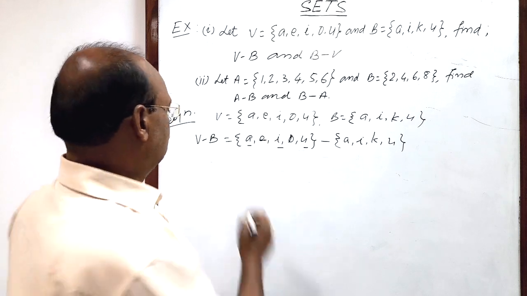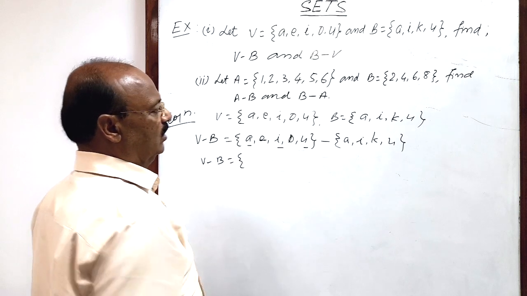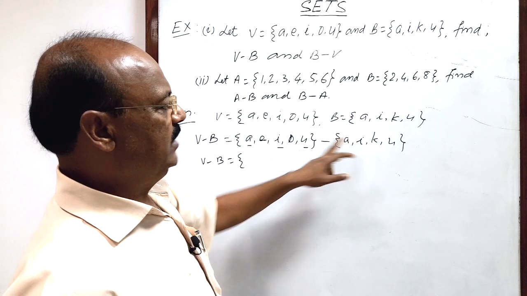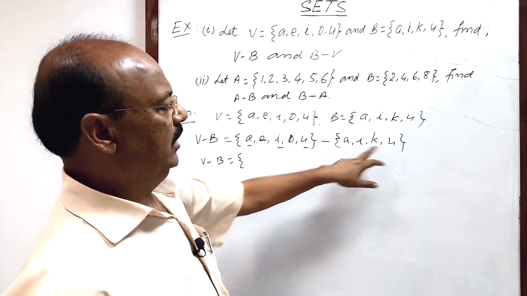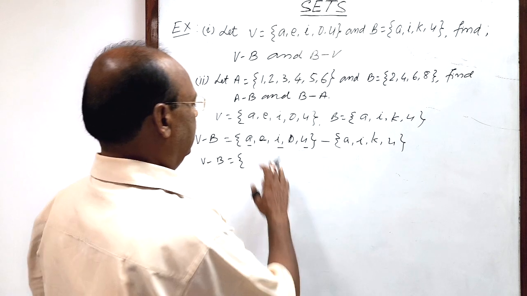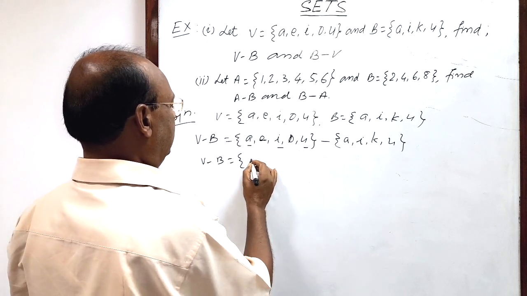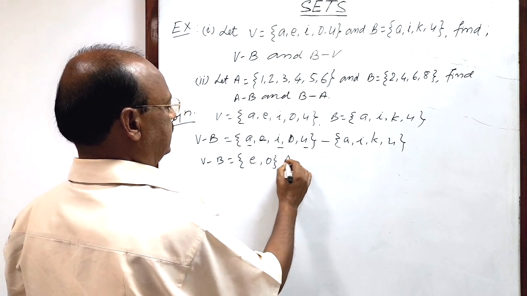So V minus B will be a set we will get by removing common elements from two sets. A, I, U are common, they will be removed from here, and remaining elements will be E and O. Okay, this is the answer.